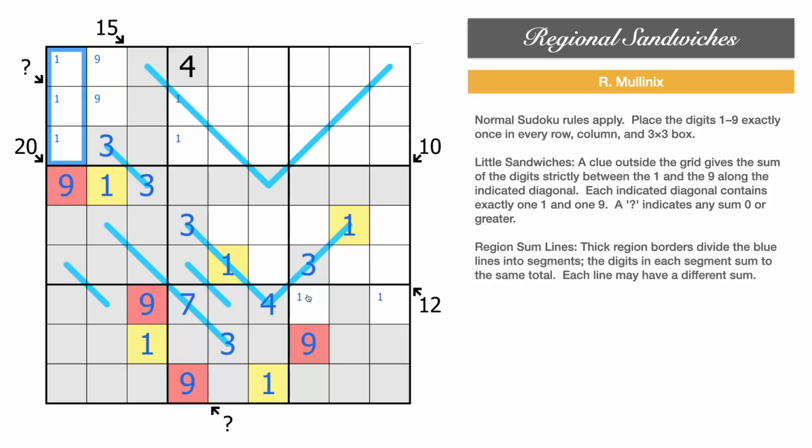So what to look at next, I think, is the 15 clue. The 15 clue requires a 9 on it, and you can't put the 9 here because of Sudoku. You can't put a 9 here because that would make this digit bigger than 9 because of the region sum line.